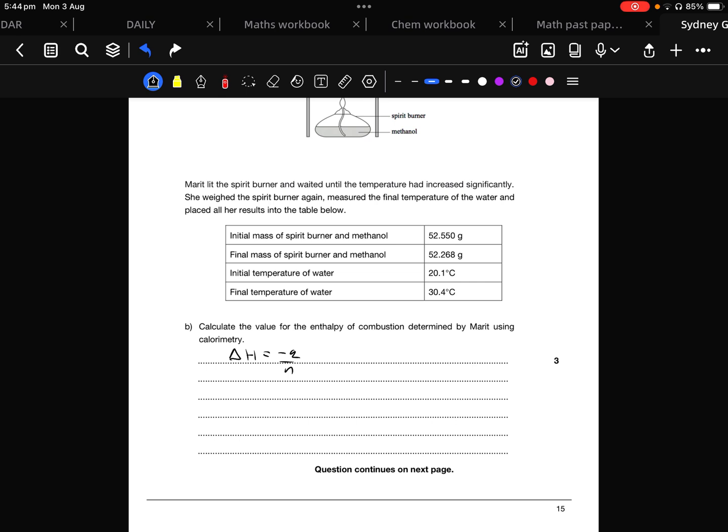To calculate the amount of moles, we first need to find the mass of methanol used, which we can figure out by subtracting the initial and final masses.